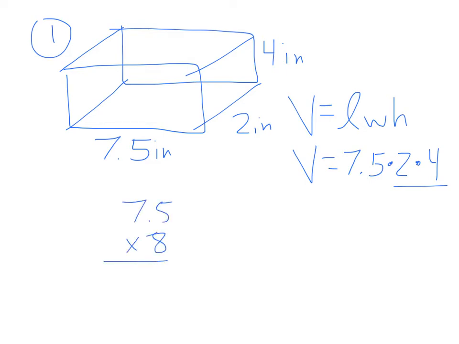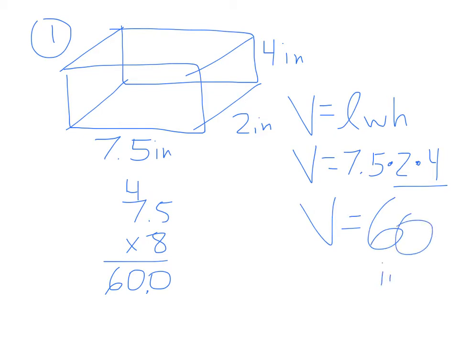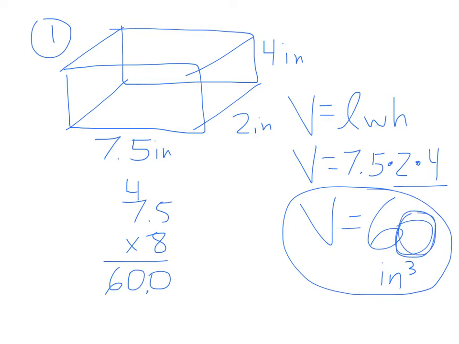I think that's easier to do. Looks like we get 60 inches cubed with a little 3. So pretty simple problem on that one. That's number 1. Moving on to number 2.